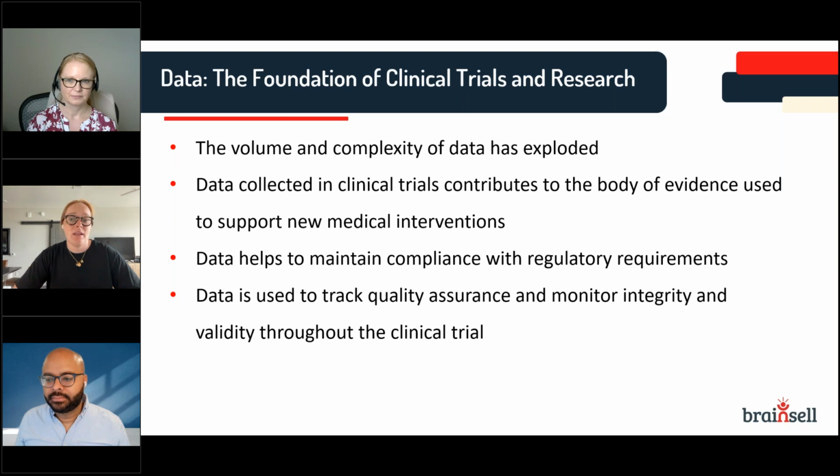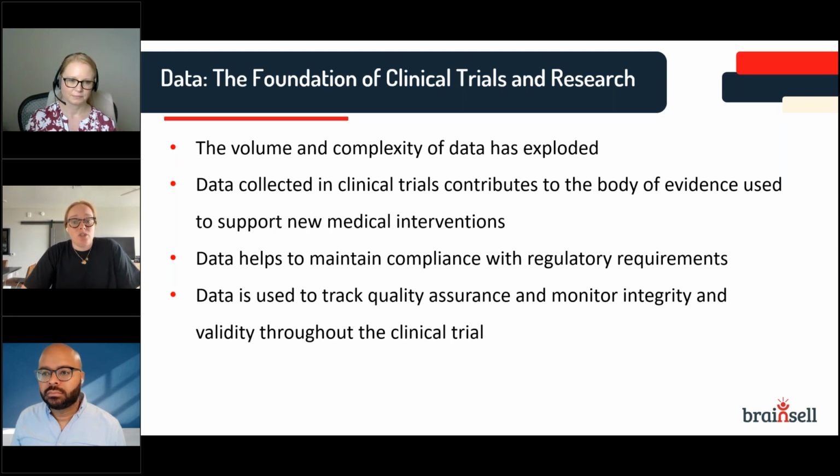The data that's being collected during the clinical trial research process is important for various reasons, but some of the top ones include things like evidence generation, because the ultimate goal of clinical research is to generate evidence that informs healthcare decision-making. So high quality data collected by CROs contributes to the body of the evidence supporting things like safety and efficacy and value of new medical interventions.